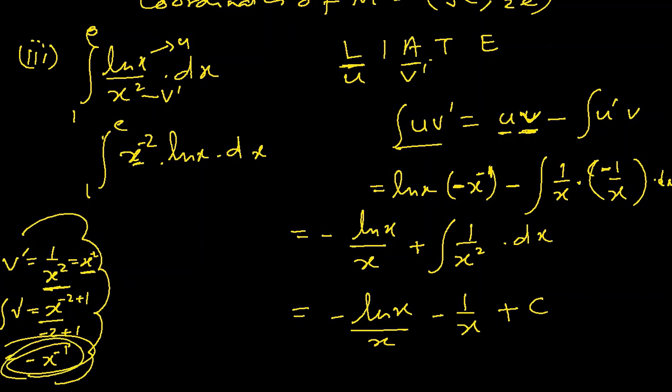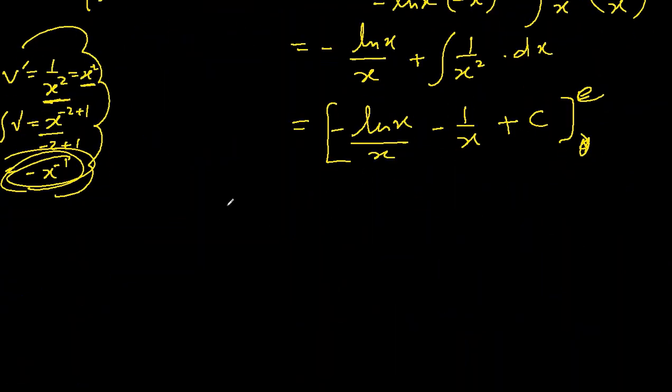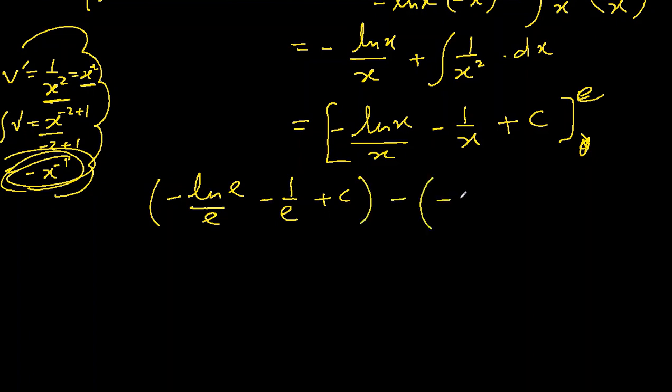I use this as minus 1 over x and then plus c. We want from 0 to, not 0, 1 to e. Let's substitute the values of e and 1. So it comes minus ln e over e minus 1 over e plus c, minus, minus ln 1 over 1 minus 1 over 1 plus c.